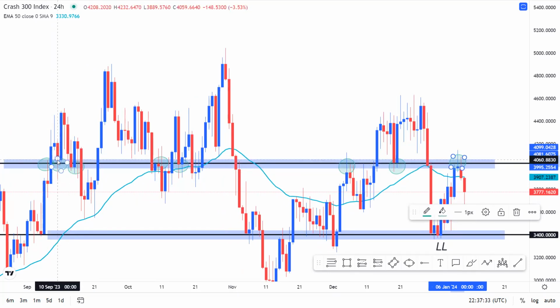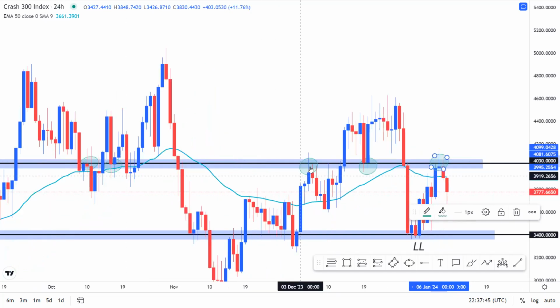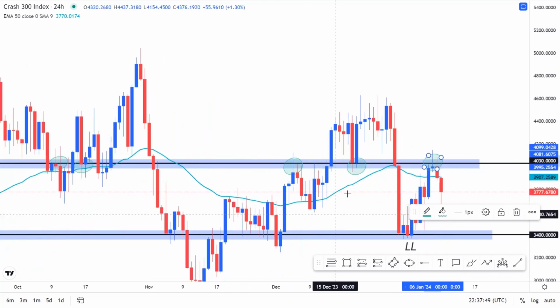So every time we tested the level from the downside, the level held up as resistance. And when we tested the level from the upside, the level held up as support, as you can see. Tested the level from the downside, the level held up as resistance.